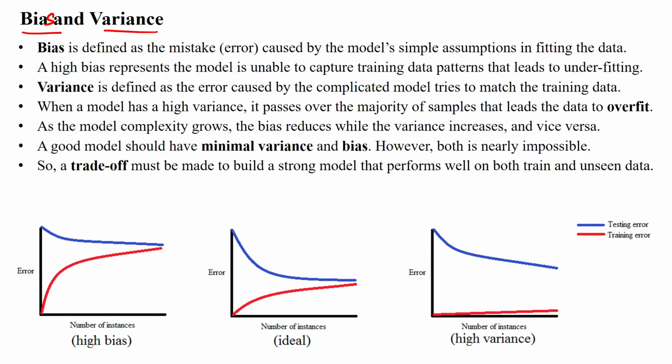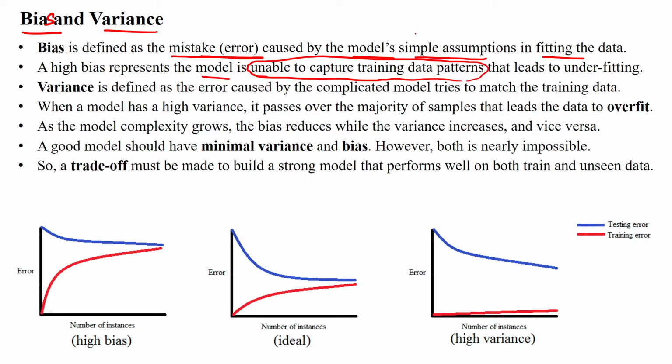Then there are two terminologies, bias and variance. Bias is defined as the mistakes or error caused by the model's simple assumptions in fitting the data, the error caused by the model during training and testing. High bias represents the model is unable to capture the patterns of the training samples.